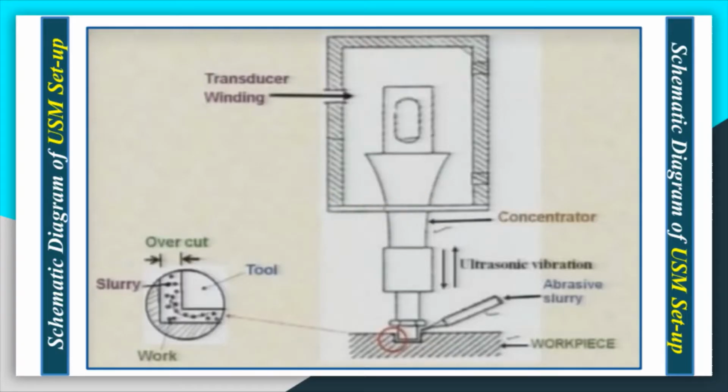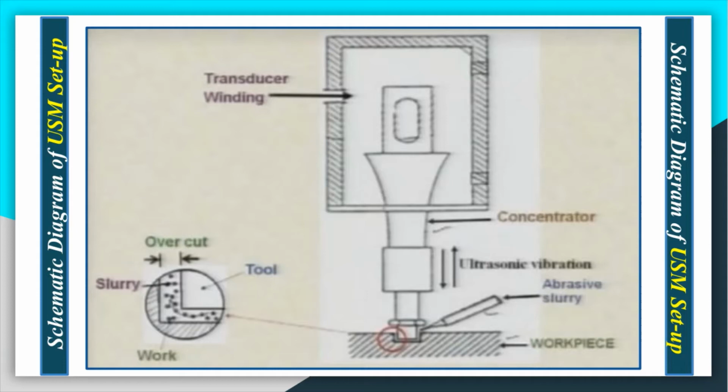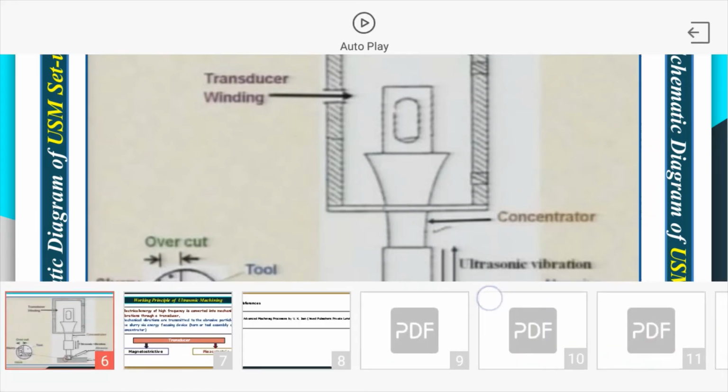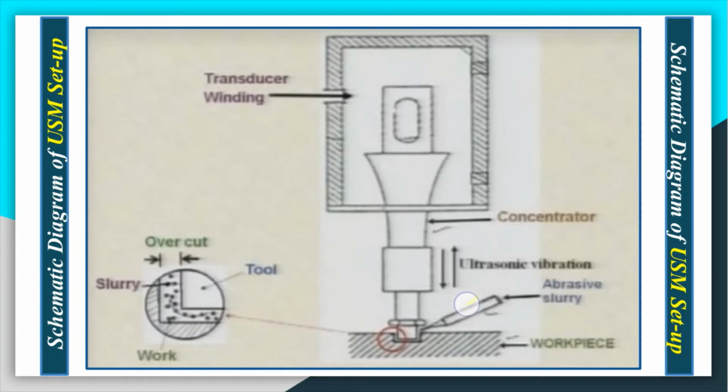Using this block diagram I just explained the working of the USM system. Let us see the schematic diagram of the USM setup. As you can see in this slide, I have shown the schematic diagram of the USM system. Now there are the transducer windings, and here is a concentrator which will move up and down at ultrasonic frequency, and there is a nozzle which is supplying abrasive slurry between the tool and the workpiece.